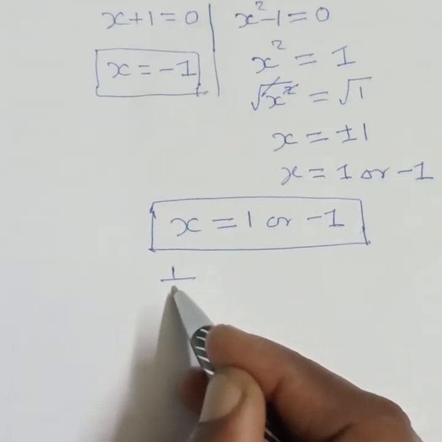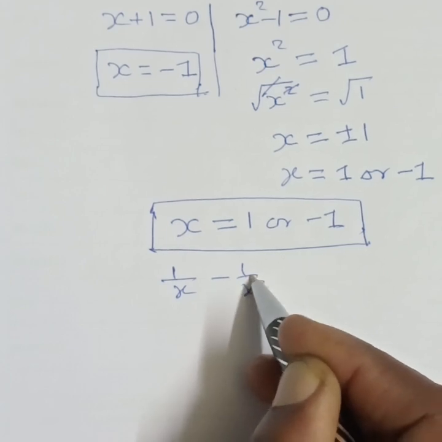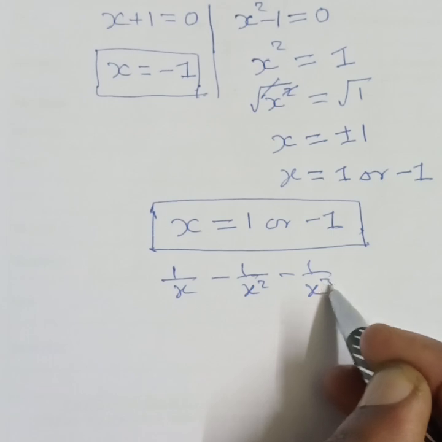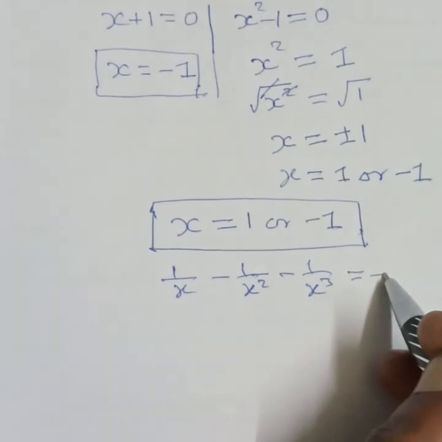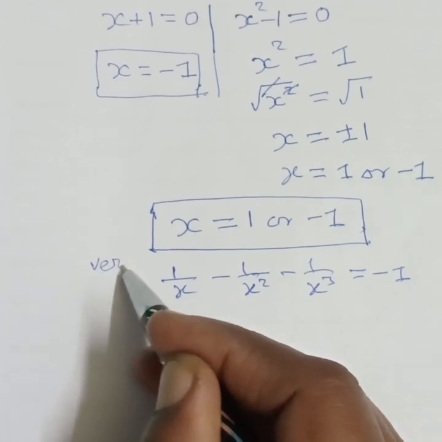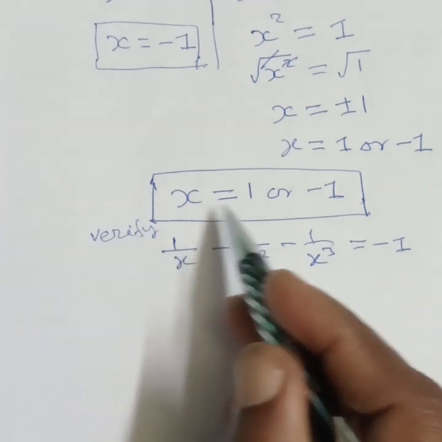The original equation is 1/x − 1/x² − 1/x³ is equal to −1. Now at first we take plus 1.